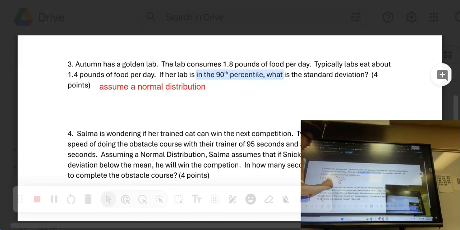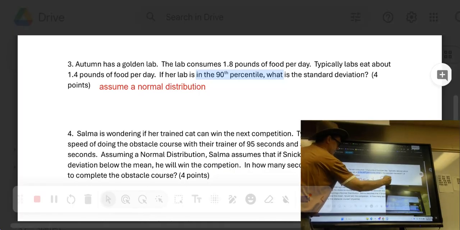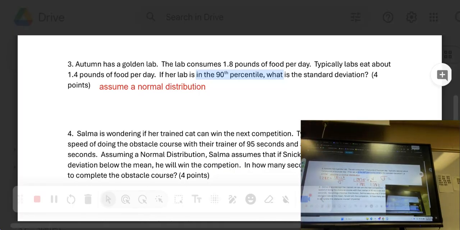Since we don't have the standard deviation, we have to use the 0 and 1. 1.282 sigma equals 0.4, and we'll divide by 1.282, and that's going to get us our standard deviation. Again, I didn't do the math on that, but that's how we will solve for that.